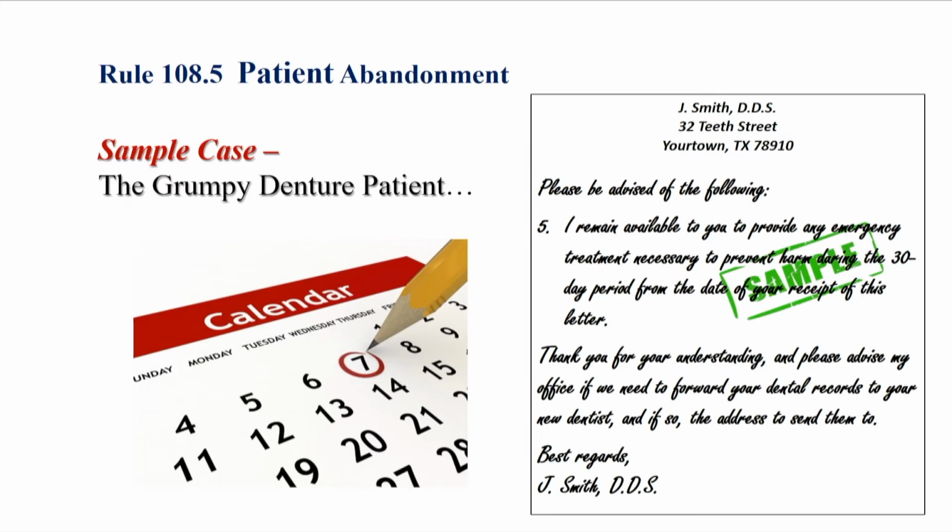But it was very, very important to that particular case that all of these elements were met in order to defend the doctor against the allegation that they did not properly terminate the patient. So, again, follow the strategy of the rule and understand the importance of each component part and how it helps you in the defense of an investigation of Rule 108.5.